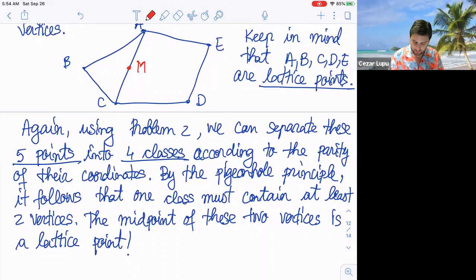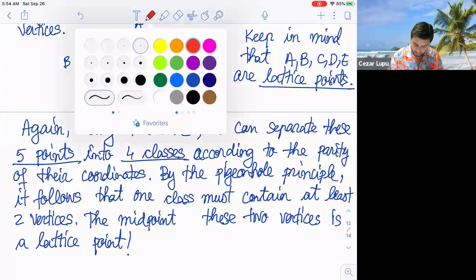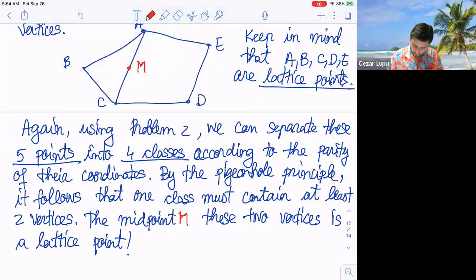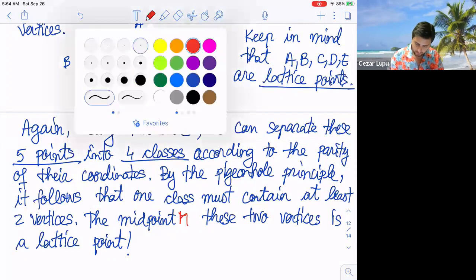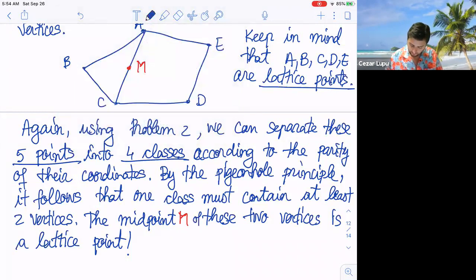Let's call this midpoint M, of these 2 vertices, a lattice point.